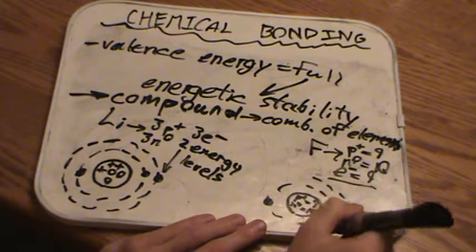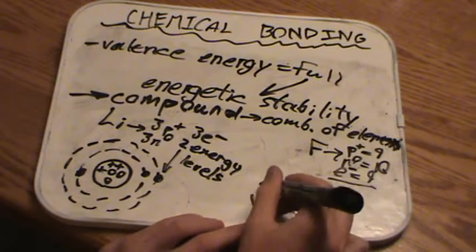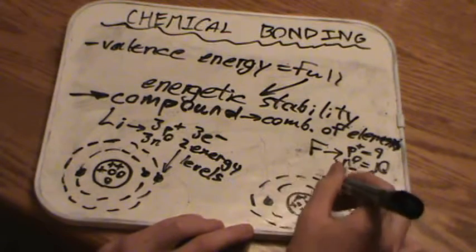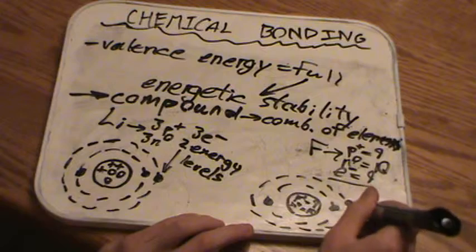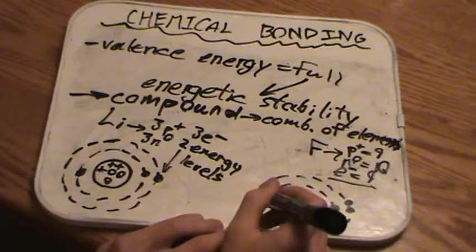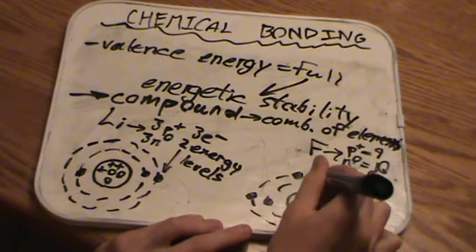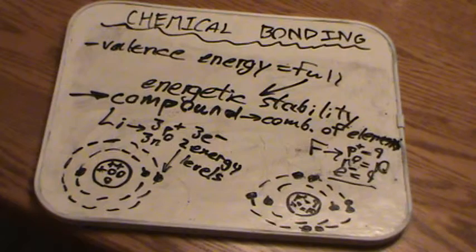And then our second energy level, because we know that fluorine is a group 7 element, it is going to have 7 valence electrons. And so this is the atomic structure of fluorine as we saw it in the last video.